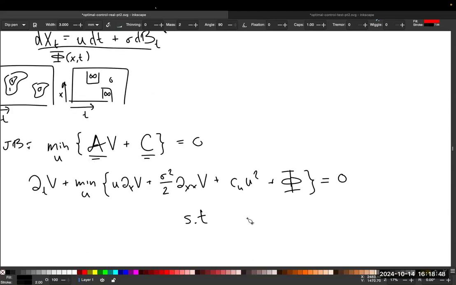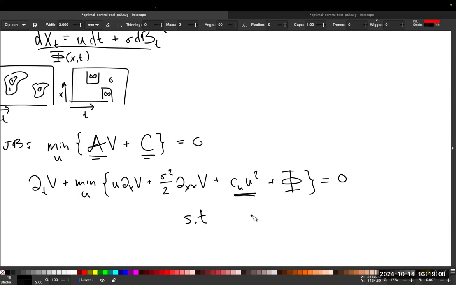I'm going to write it a little bit more generally because the method that we're going to discuss in today's session is something called the Cole-Hopf transform, and really the only particular cost that we need, a cost of a particular form, is having this quadratic control. But the form of our terminal cost is actually rather arbitrary.